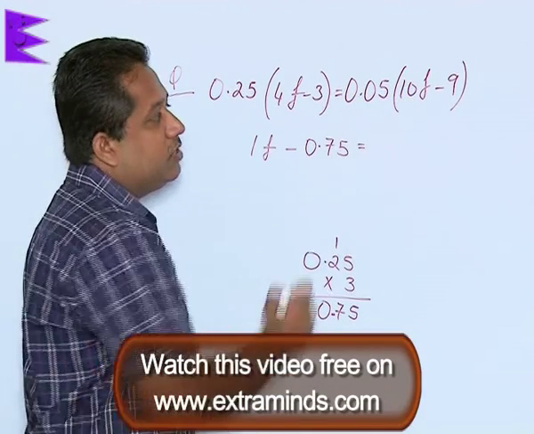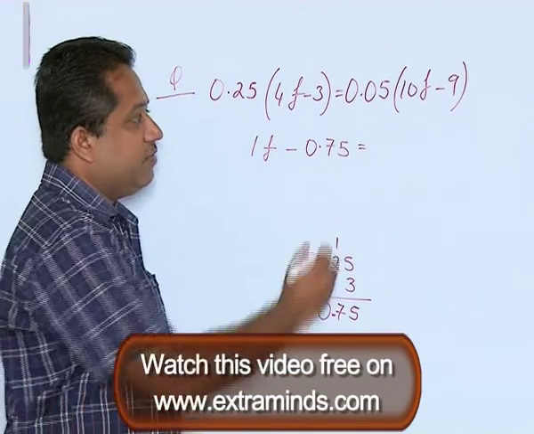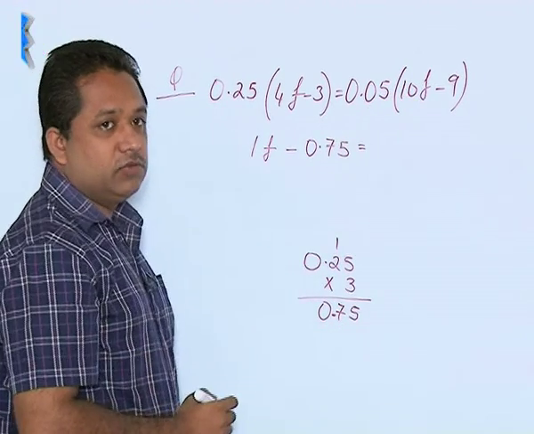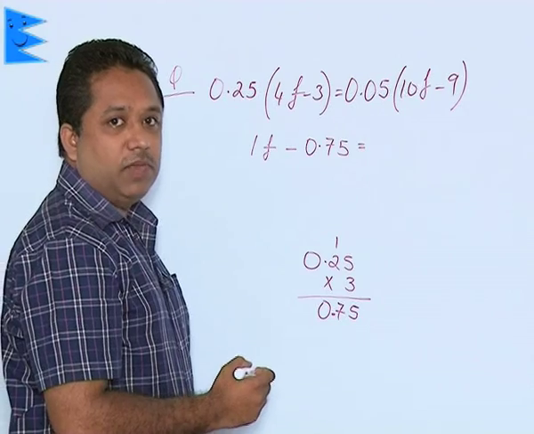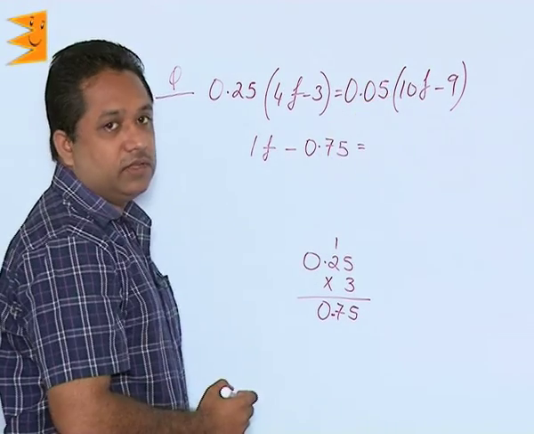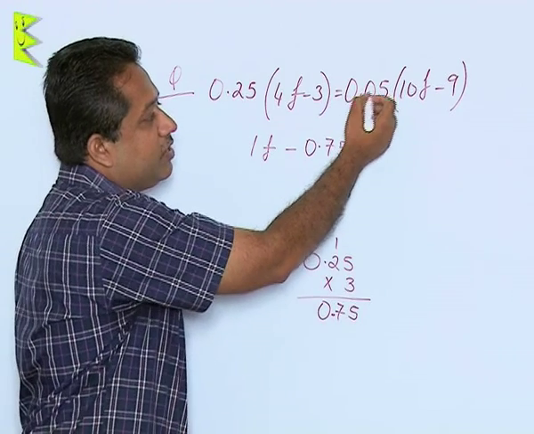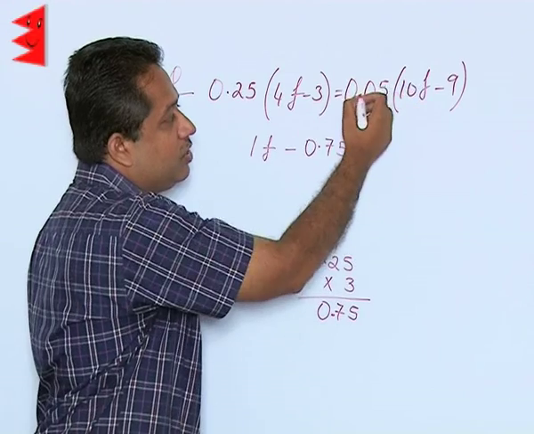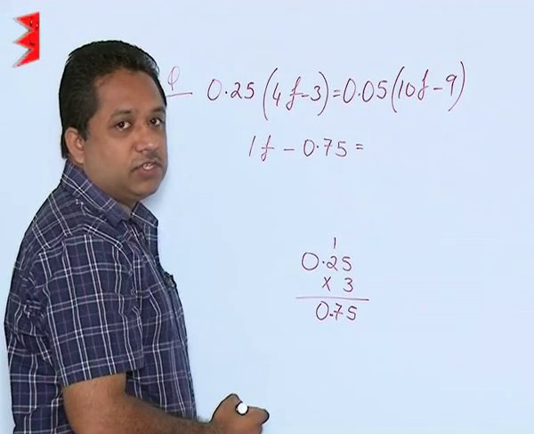Equal to 0.05 into 10. Now, this multiplication is easy, because whenever we are dealing with multiplication with tens, hundreds and thousands, we do not have to actually multiply, we have to shift the decimal to the right side. So, when 0.05 is multiplied by 10, you just have to shift the decimal one place to the right.